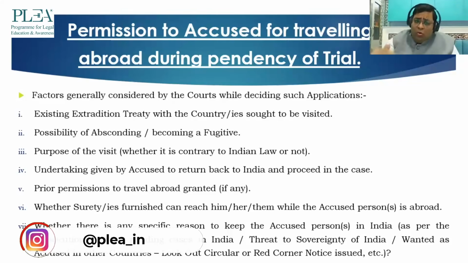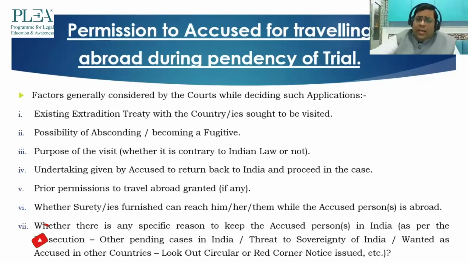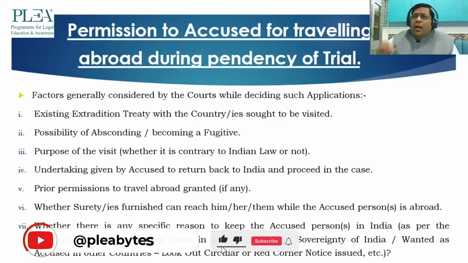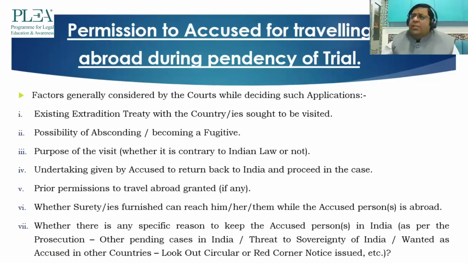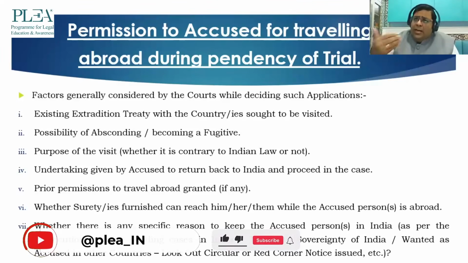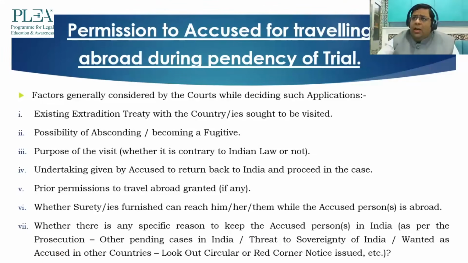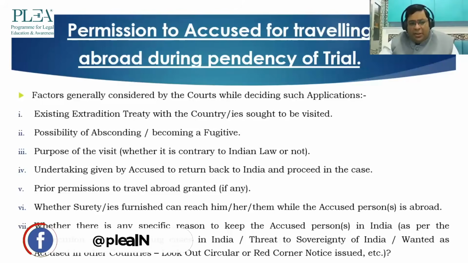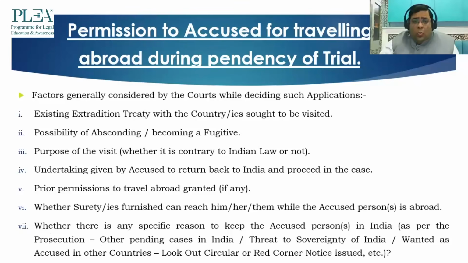Fourth is the undertaking which the accused gives in writing that he will return back to India and proceed in the matter. Fifth is if there are any previous permissions given. The trial may take a lot of time. If there are multiple times permissions granted, and if he has previously followed the conditions which are imposed on the previous travel abroad applications, that also can be considered by the court.